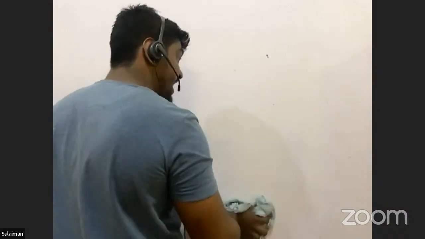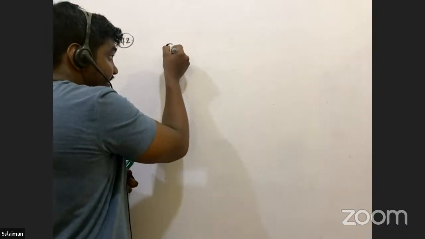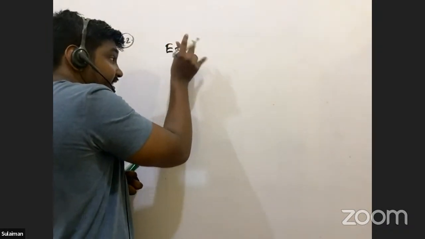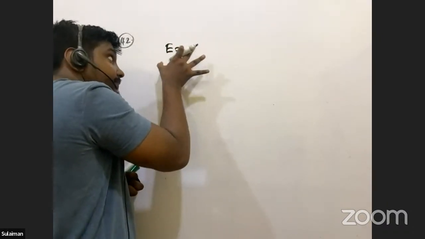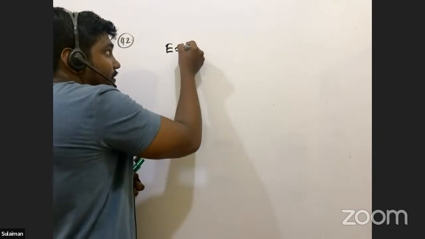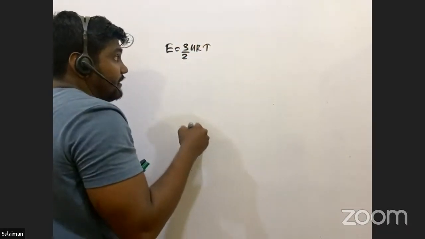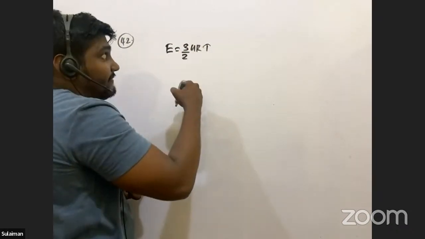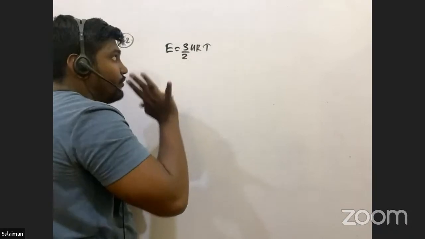Mean kinetic energy of an ideal gas is directly proportional to temperature. We derived two expressions: mean kinetic energy for the entire gas, 3 over 2 nRT, and 3 over 2 kT for one gas molecule.